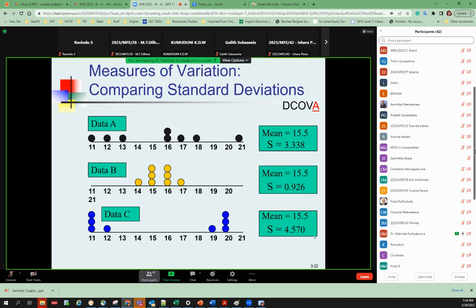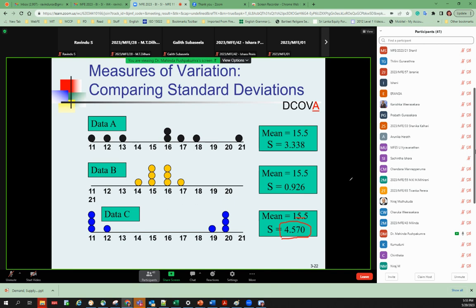If the standard deviation is high, it indicates that data deviate from the mean. The standard deviation shows the average deviation from the mean. Here the mean is 15.5, and on average data deviate from the mean by 4.57. That means they are not around the mean.